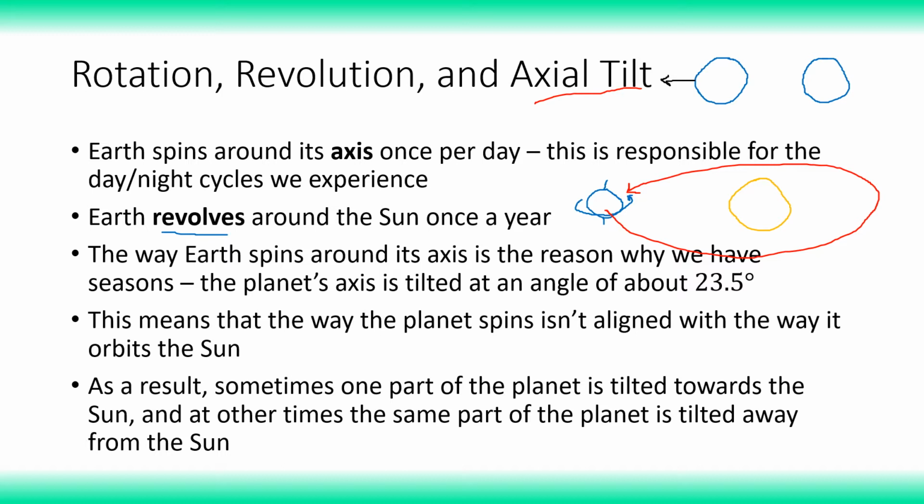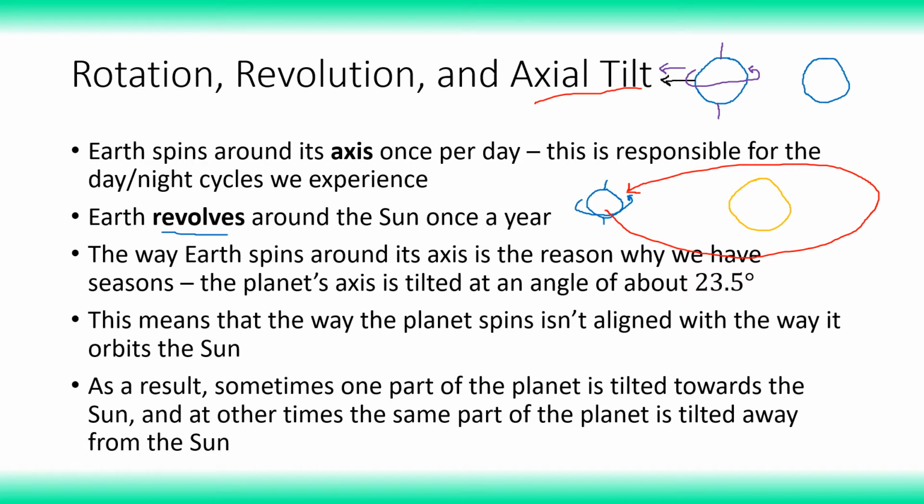If I draw lines for its axis in purple, let's say, the axis of rotation, it would be nice and convenient if the rotation was this straight up and down axis, and then the Earth could rotate like this around its axis while it's moving around the sun in that direction.